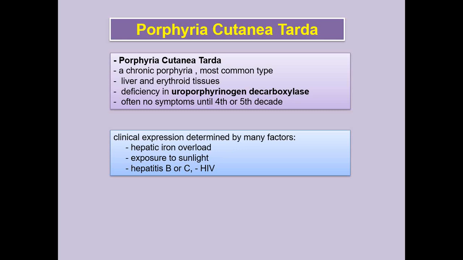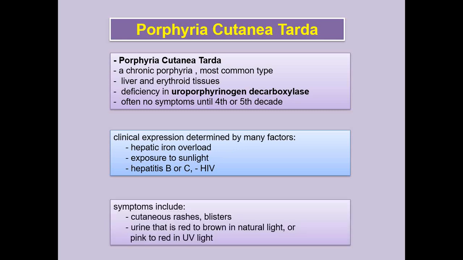Hepatic iron overload can occur, exposure to sunlight can be a factor, and hepatitis B or C or HIV can be aggravating factors. Symptoms usually present with cutaneous rashes or blisters. Urine is red to brown in natural light or pink to red in ultraviolet light.